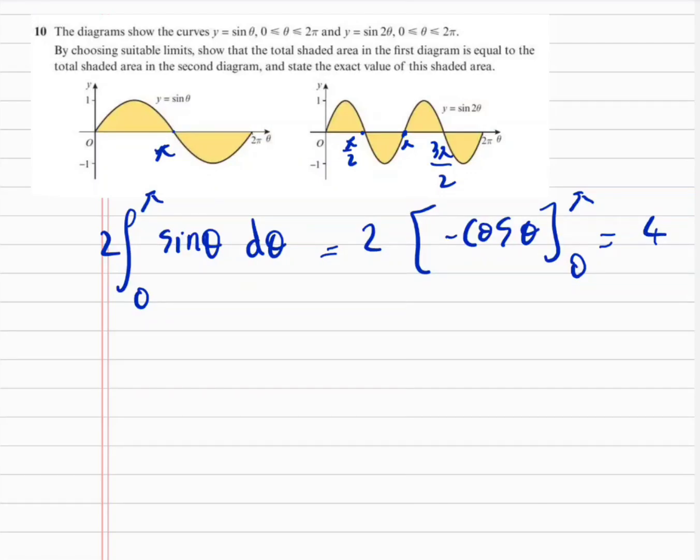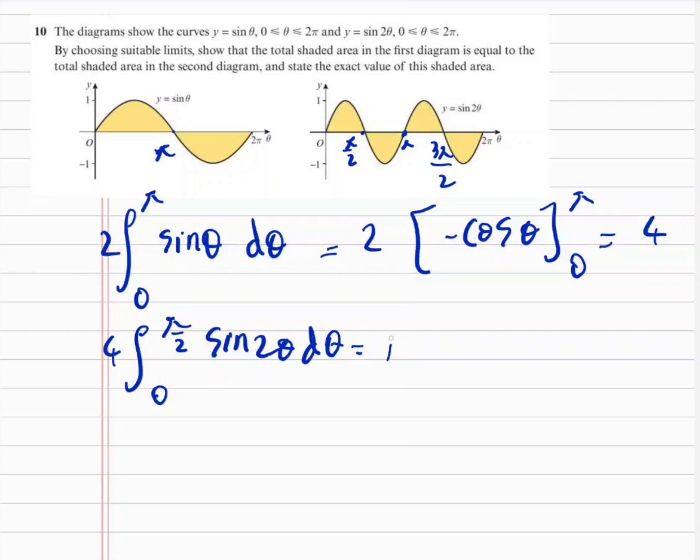Now for the second shape, the same idea applies, because now we have four symmetric shapes, and we just need to find the area of one of them and multiply that by 4. So we have 4 times the integral from 0 to π/2, because that gives us the area of the first part.